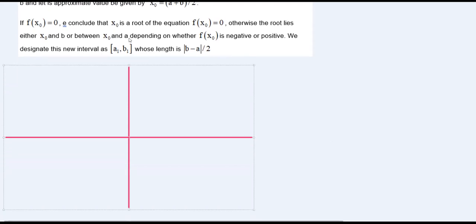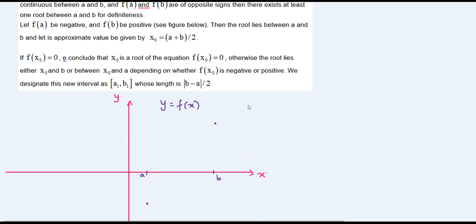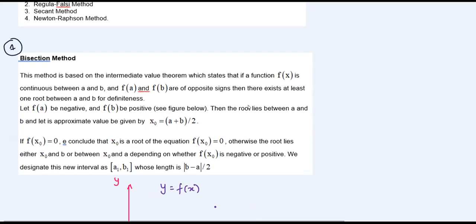So this is x, this is y, and we are dealing with the function y is equal to f of x. Now, let us say this is point A and this is B, and the function value at A is negative and the function value at B is positive. And the function is continuous and differentiable.